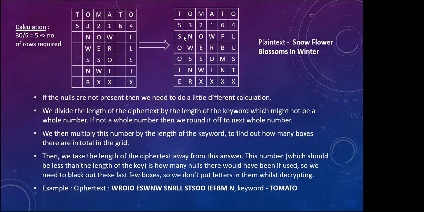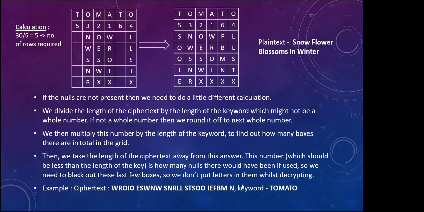In that case it becomes a little difficult, since if we do this calculation we will likely not get a whole number, we will get a decimal number. To get how many null spaces and how many rows there are, we need a simple calculation.